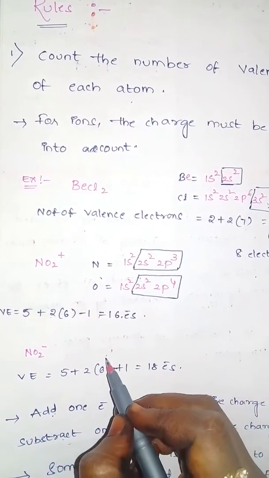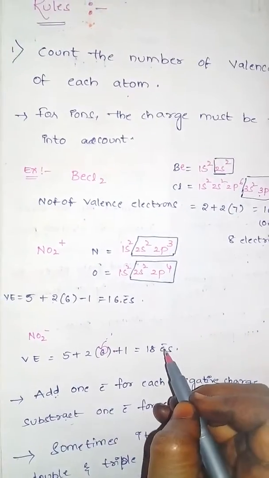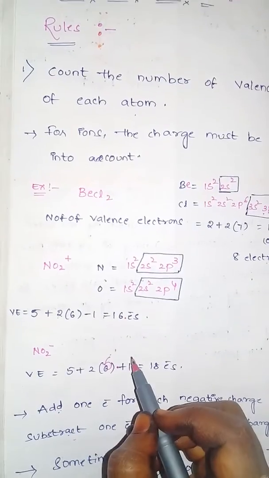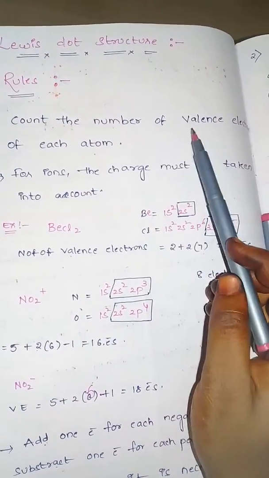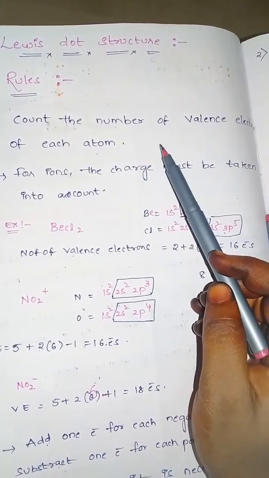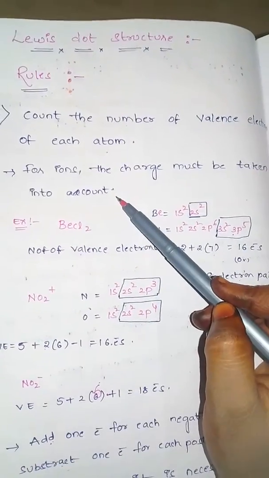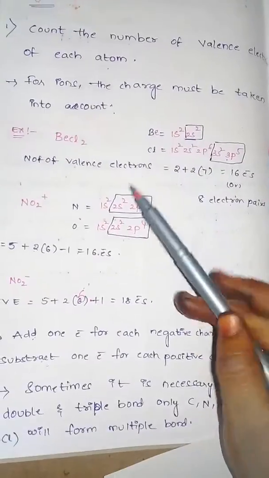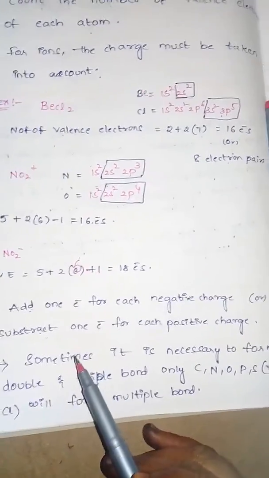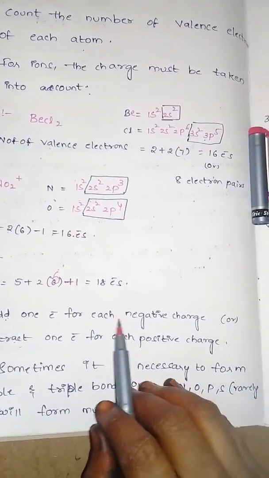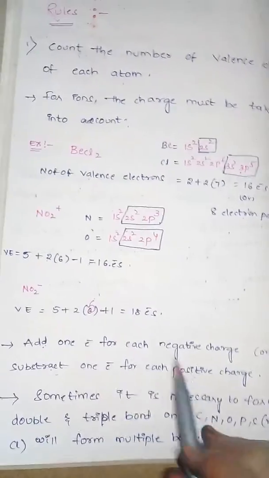Oxygen has 6 valence electrons, 2 into 6, total 18 electrons for NO2 minus. So this is the first rule: count the number of valence electrons of each atom, and for ions, the charge must be taken into account. Add 1 electron for each negative charge and subtract 1 electron for each positive charge.